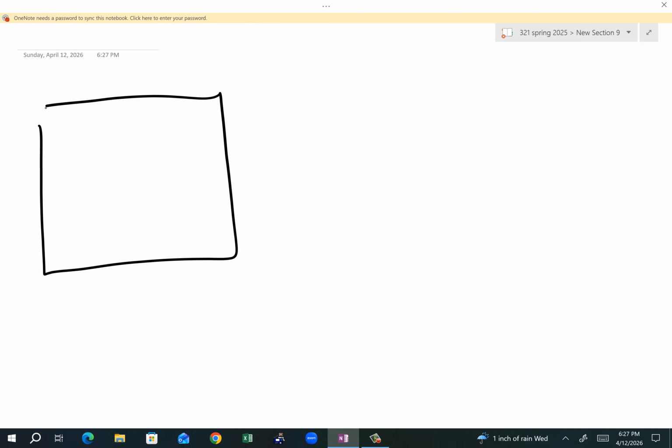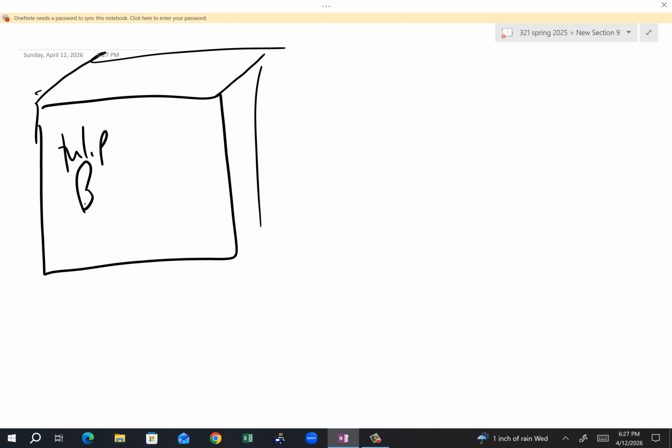So, here's the game. I work at the flower shop. There's this big bin of tulip bulbs, and there's literally thousands of them in here.